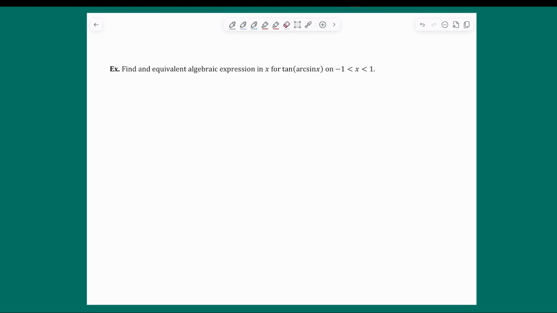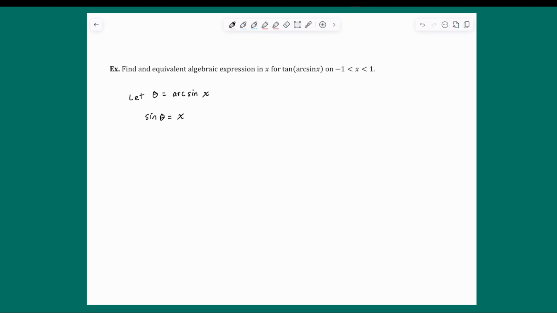All right, next example here, we're asked to find the equivalent algebraic expression in x for tangent of arc sine of x on the interval from -1 to 1. All right, so let theta equal arc sine of x, which tells us sine of theta is equal to x.